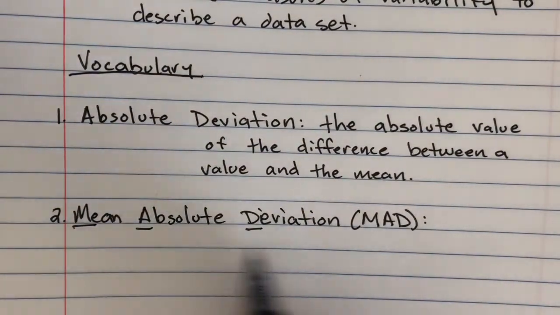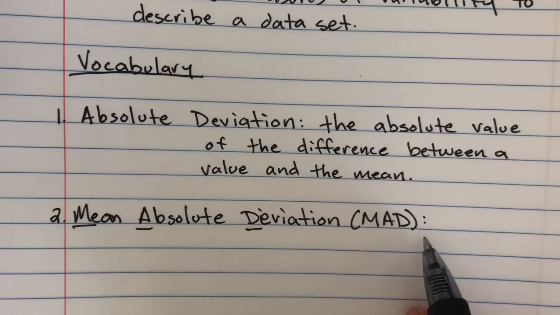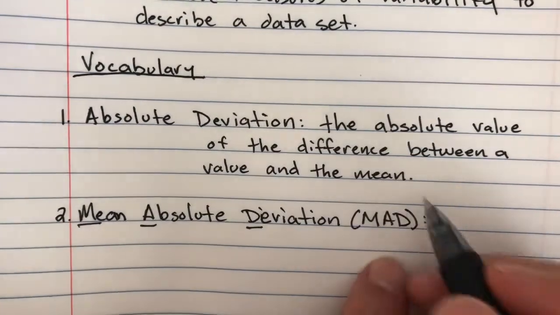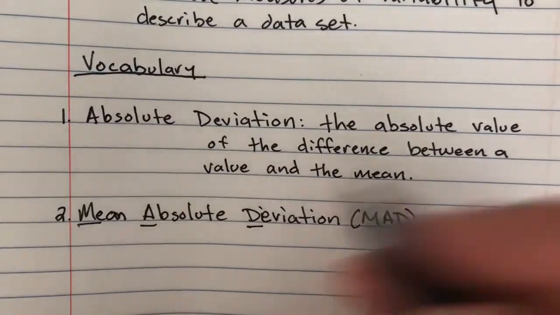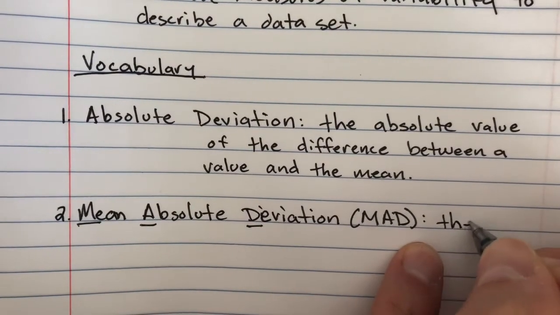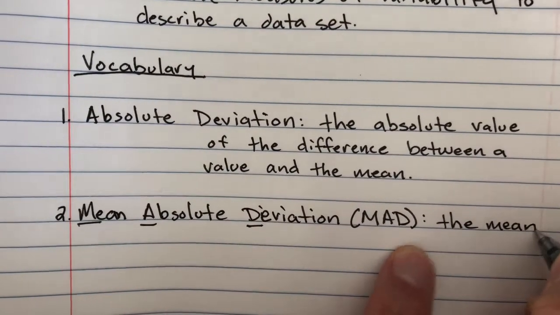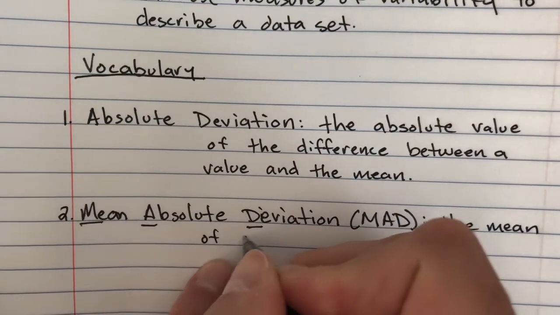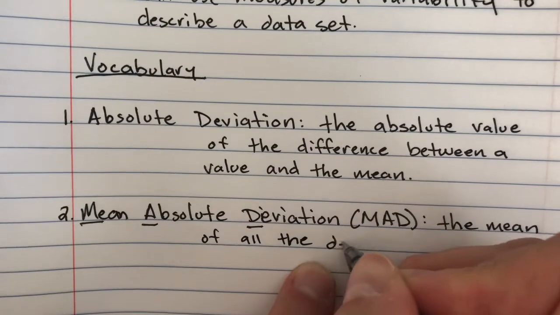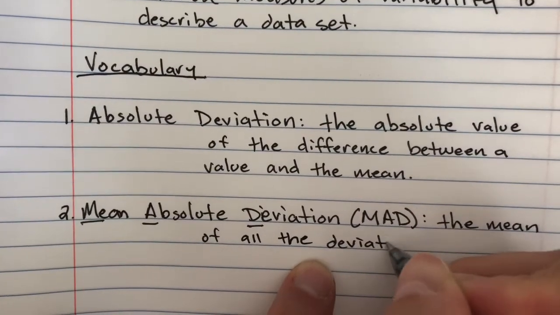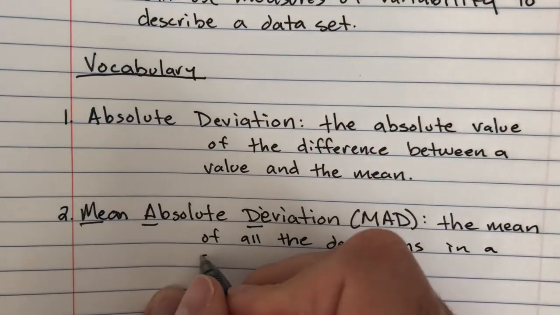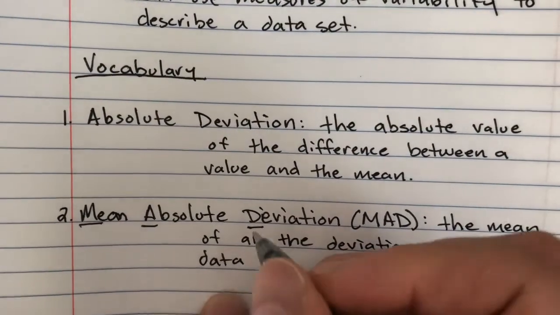Now you're going to add up all those deviations and then divide by how many there are. That's what we call the mean, right? So you find the mean of all of the deviations in a data set.